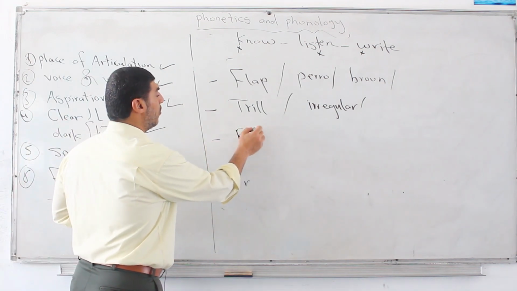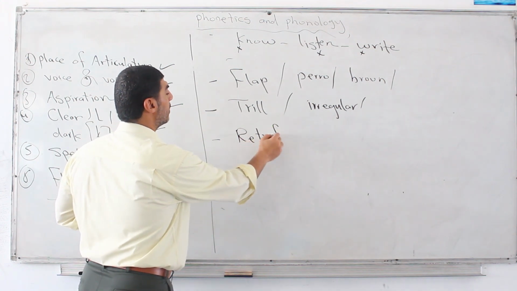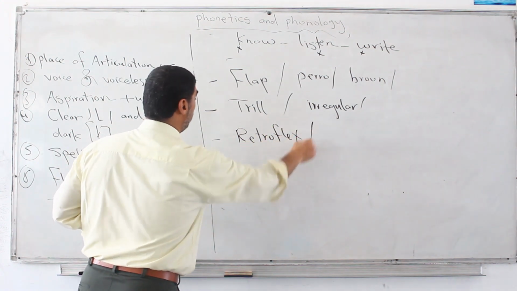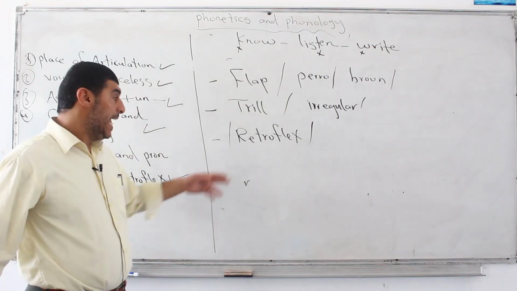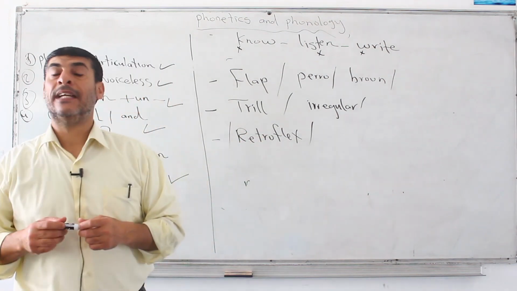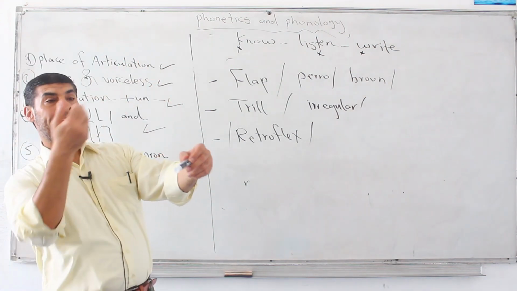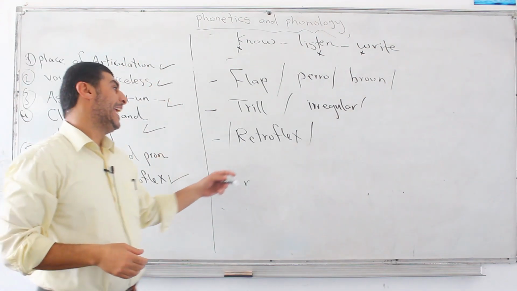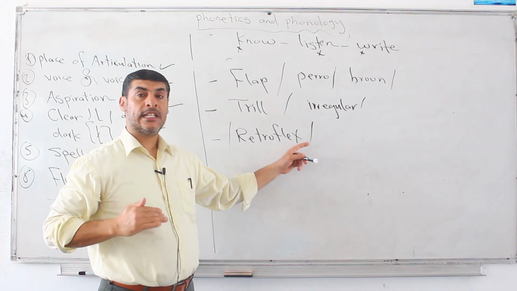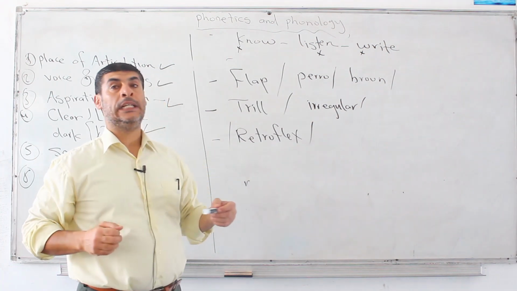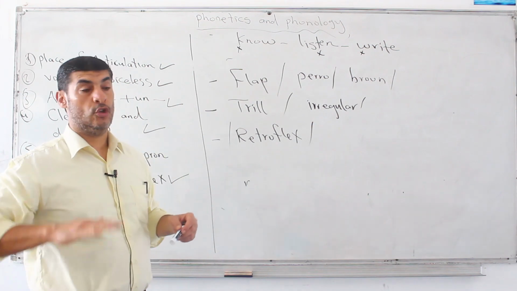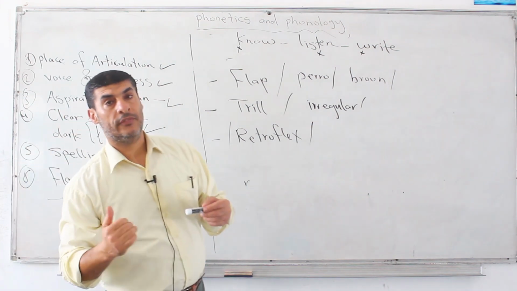Okay, what is a retroflex? And this is a Latin word, by the way, retroflex. In a retroflex, you will find that the tip of the tongue is curled back to touch the area next to the alveolar ridge, mainly the hard palate, or the end of the hard palate.